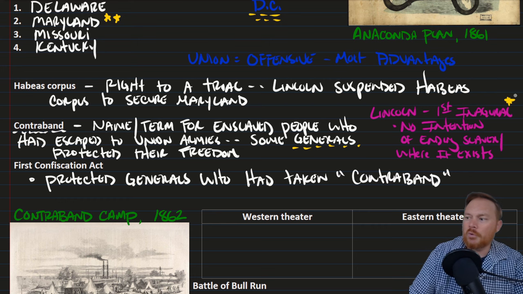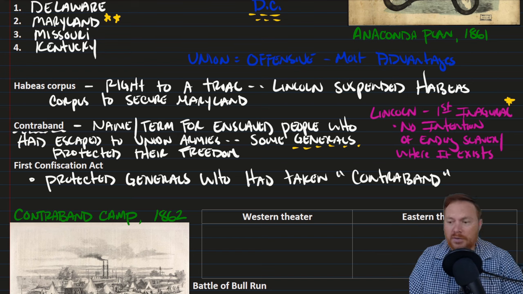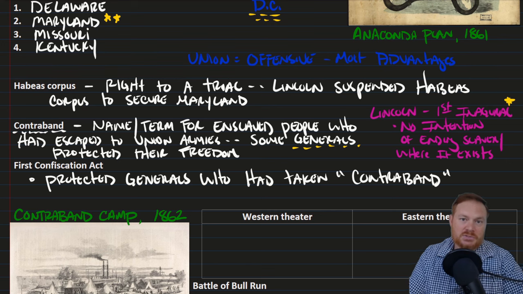And this is an important point because when we think about the way that slavery was abolished in this country, most of us can say, well, it was the American Civil War. But in terms of exactly and precisely when, slavery wasn't abolished at the beginning of the war. Slavery wasn't abolished at the end of the war. Slavery is going to be abolished in the middle of the war. And one of the reasons that Lincoln comes to this decision, right, he changes his mind.